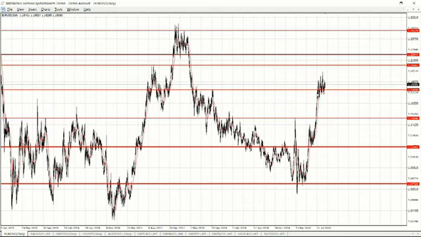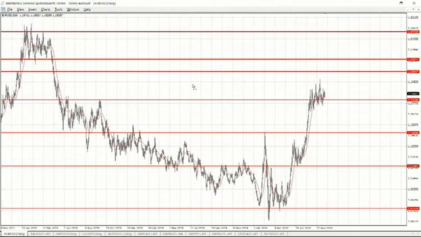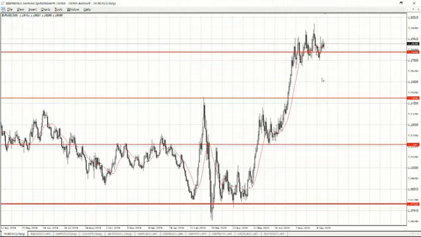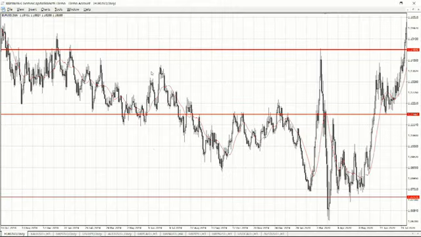So while this level has been preventing price from pushing higher, price has struggled to go below this level here. So if this was the current chart, this would be a sideways trend. Although yeah, it broke down below, but it quickly ran back and entered into the box. Let's put it like that.